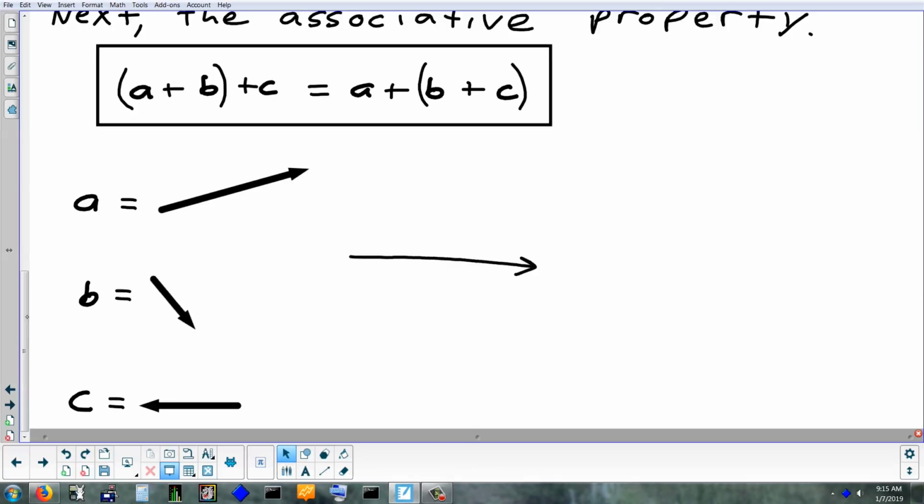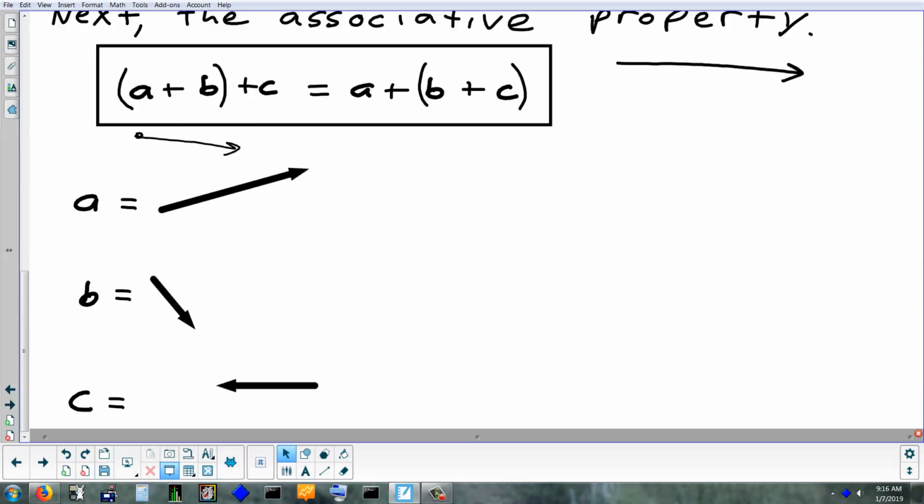So that's A plus B. Now I'm going to add C onto the end of it. Okay, so for the final answer, connect where you start to where you stop. Looks kind of like that. And I don't need this anymore. Question on A plus B plus C?